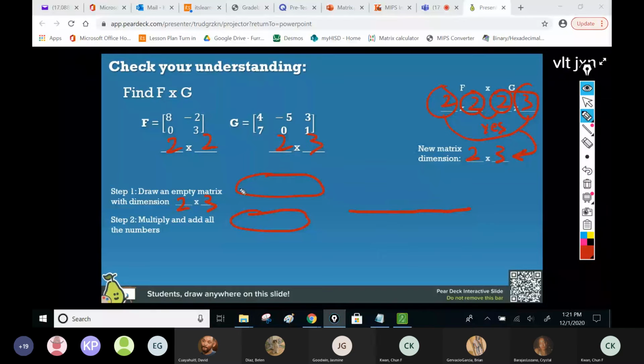And then 3 columns, that means you need 2 lines so that you can have the first column right here, second column, and then third column like this. So basically the empty matrix will look like this. Usually I would draw 3 of these so that I can solve right away. So I would start with the upper left box right here, and keep going like this.